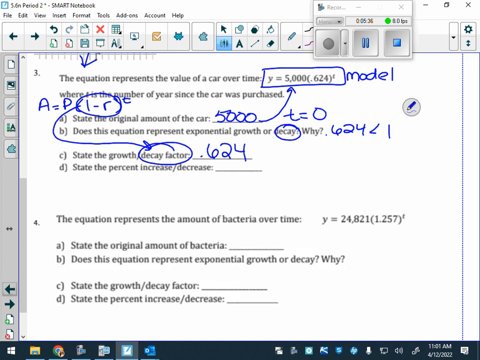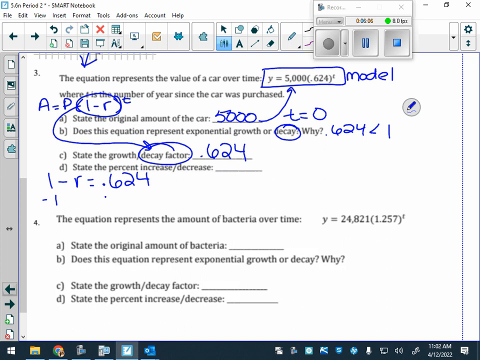Now for the last question, state the percent. It is not 62%. Yeah, Grace. Okay, more exact. 37.6%. Okay, since that is to the thousandths place, 0.624, we're taking 1 minus R equals 0.624.